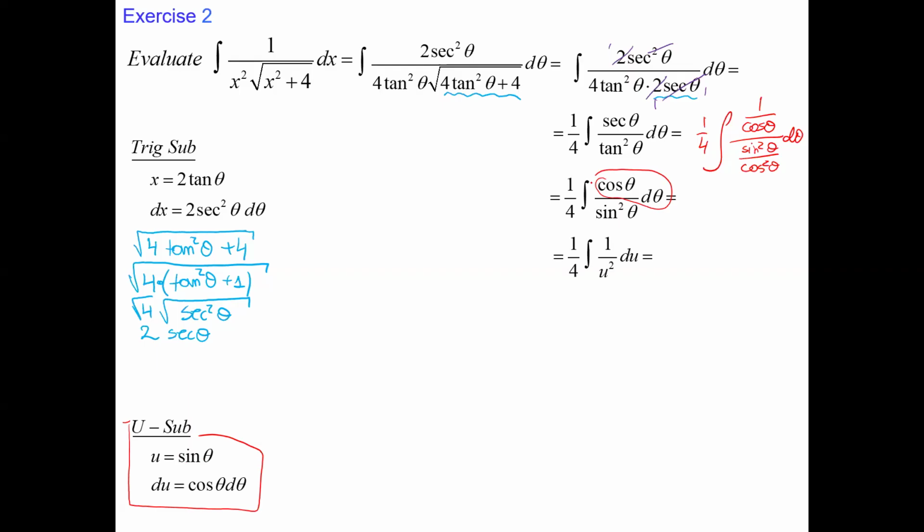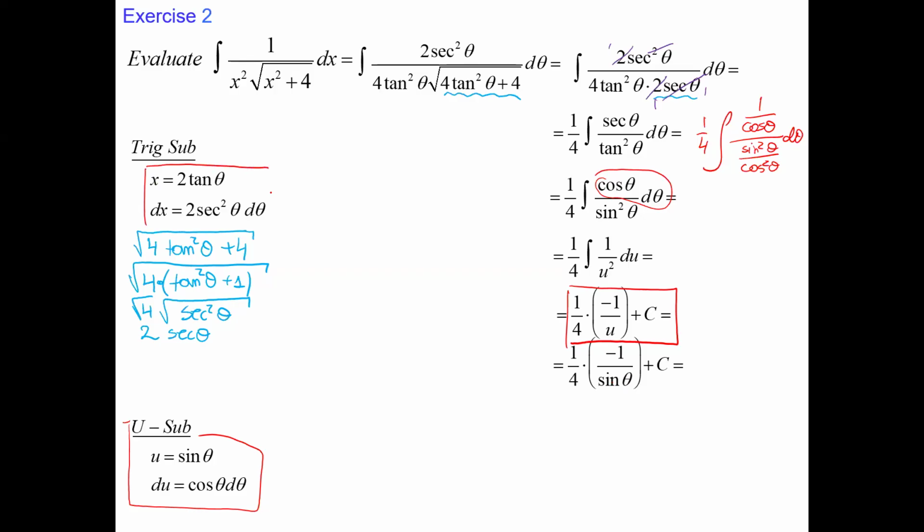Integral of 1 over u squared is negative 1 over u, and yes, plus the constant c. This is the answer in terms of u. Now let's get back. Instead of u, get back to the x variable. U is sine theta. That means I put theta. And now sine theta in terms of x.